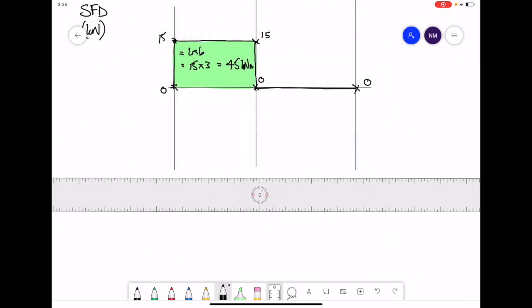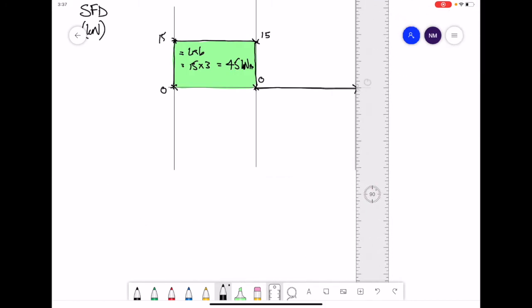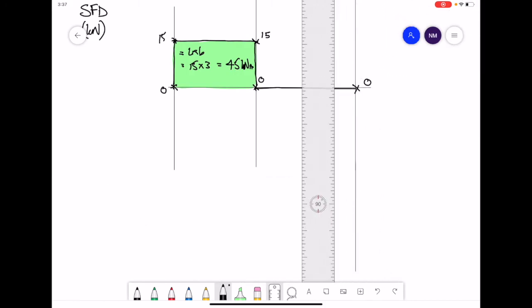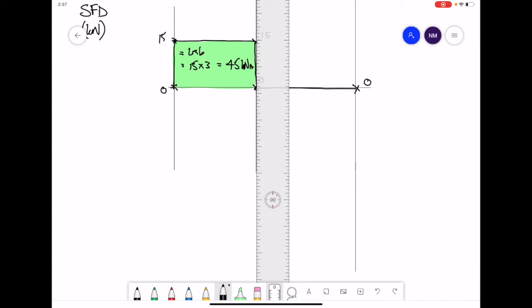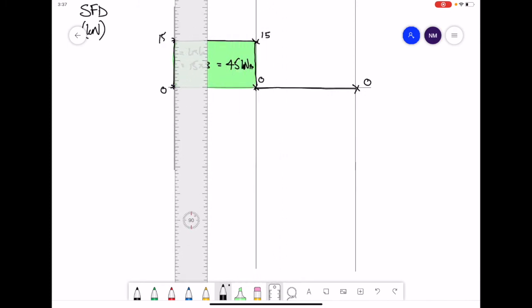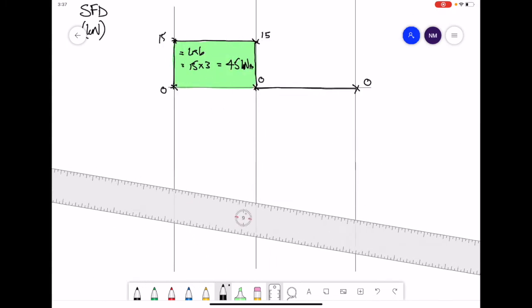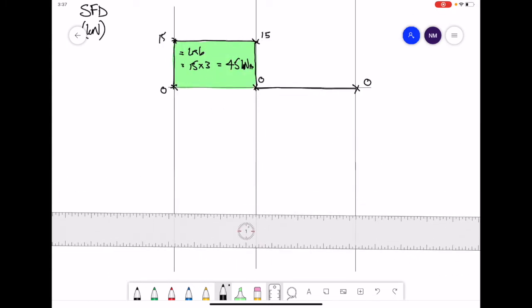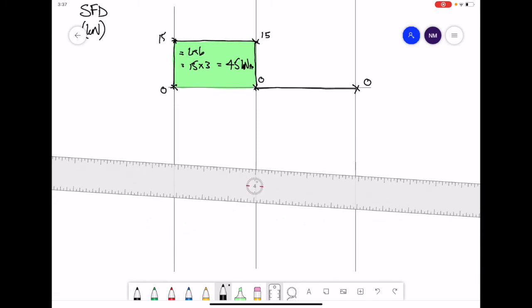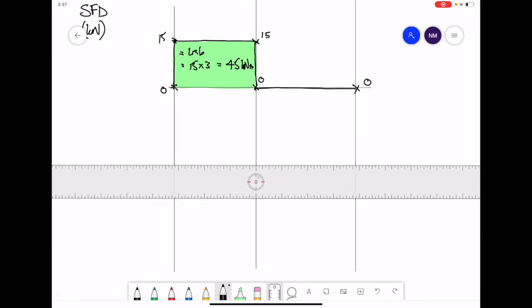Drawing some construction lines. Going to put in a 0 line.